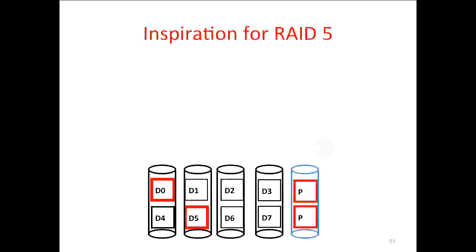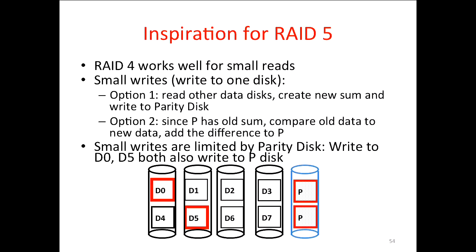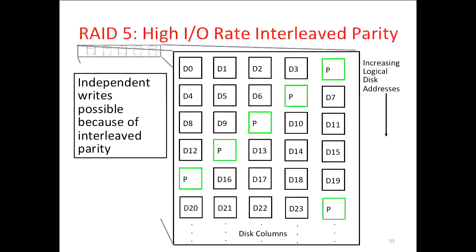So RAID 5, which is the commonly used one, kind of solves this problem by taking this bottleneck, the parity disk. Instead of having one disk be designated the parity disk, what you do is stripe the parity blocks across all the disks. So depending on which block you're accessing, you go to a different disk to get the parity block.